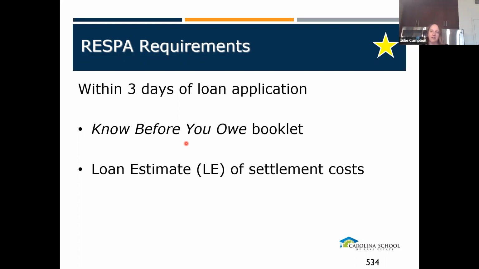Can you imagine sitting there signing away your loan application and not knowing what your monthly payment's going to be? That's scary, isn't it? You're signing something and you don't know what you're signing up for. Thank you, TRID, for stepping in and saying, we need to educate the consumer. And this is what that's about. They know within 3 days of loan application that their estimated monthly payment is going to be $1,050. That's huge.